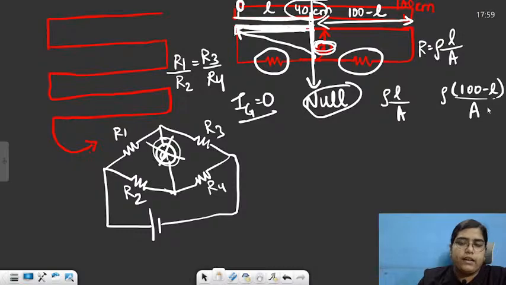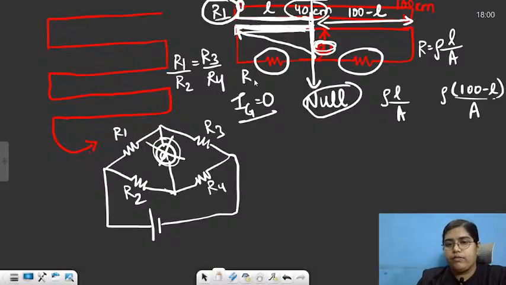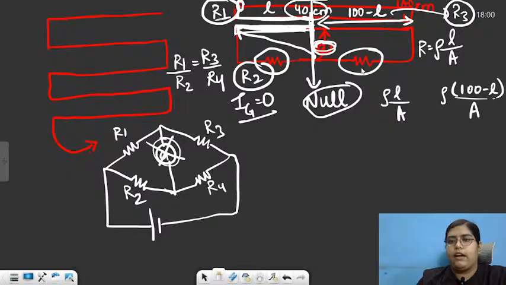I am saying if you look at this resistor like R1, this one like R2, you look at this wire of 100 minus L length as R3, and this as R4, right?